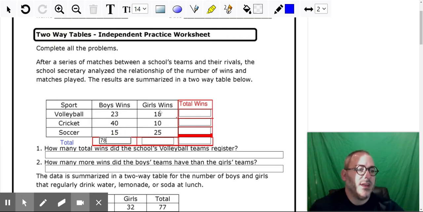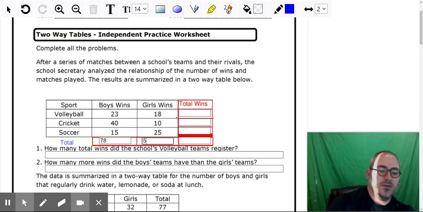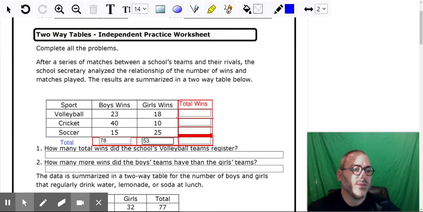And I'm going to do the same thing here for girls wins. I'm going to add up all the girls wins, 18, 10, and 25. So 18 plus 10 plus 25 is 53. So I got 53 over here: 53 total girls wins, 78 total boys wins. I can now fill in this box right here, which is total wins entirely.